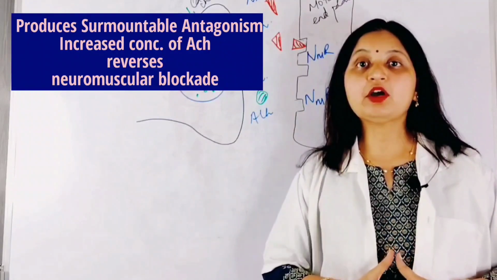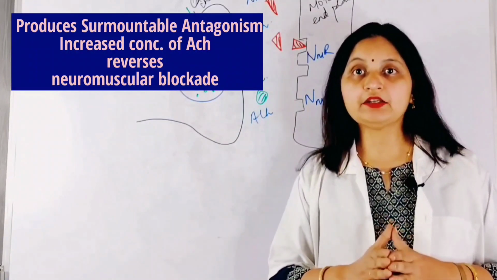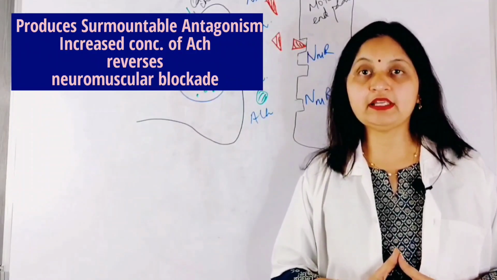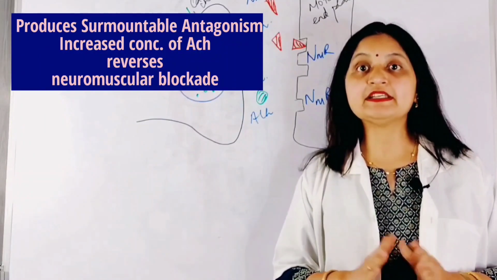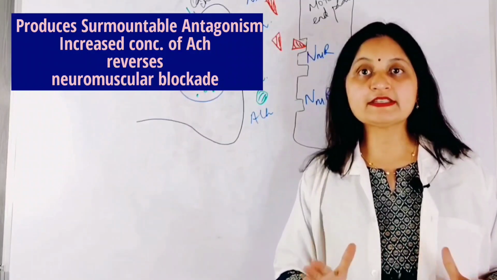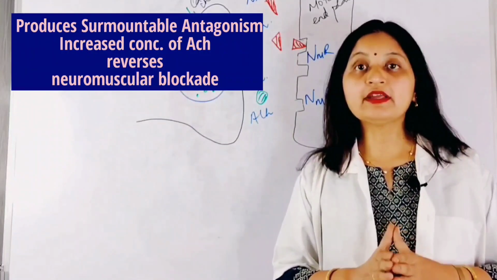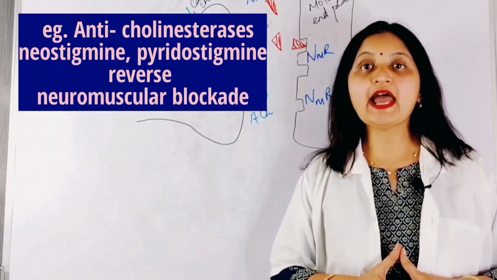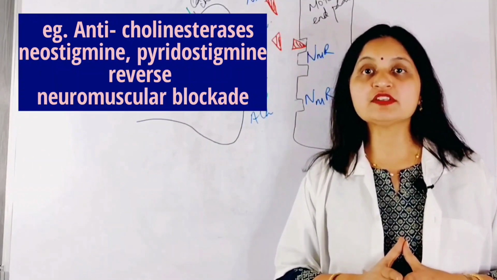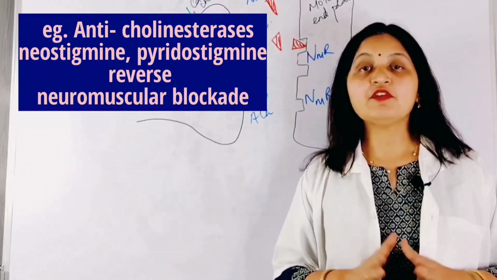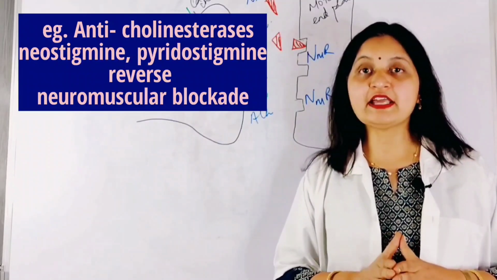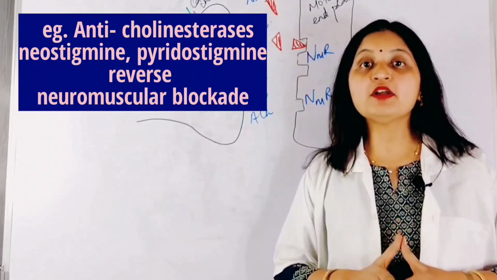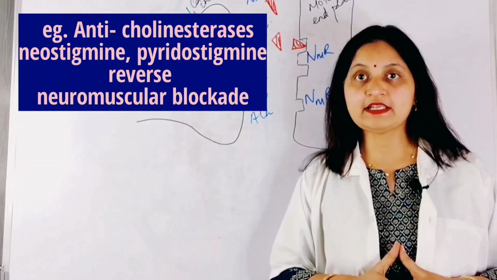Secondly, this type of antagonism is known as surmountable antagonism, which means that by increasing the concentration of acetylcholine, the neuromuscular blocker can be displaced from the receptor, and the blockade can be reversed. This is possible in the presence of anticholinesterases such as neostigmine and pyridostigmine, which increase the concentration of acetylcholine by inhibiting the cholinesterase enzyme that is responsible for the degradation of acetylcholine.